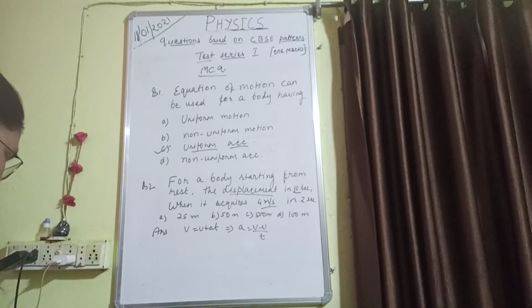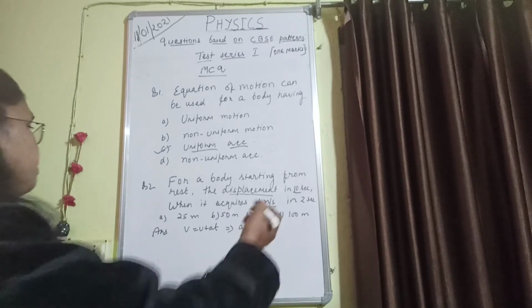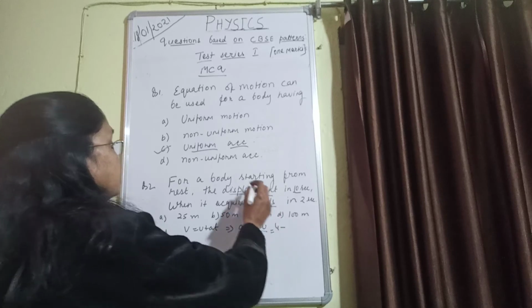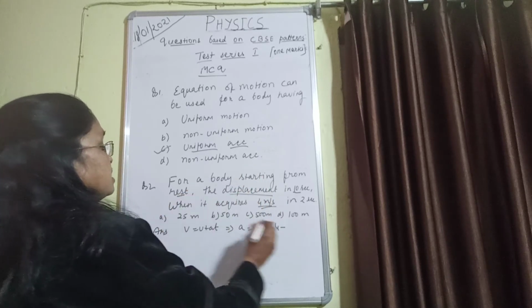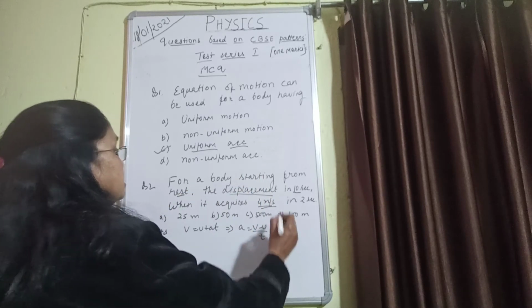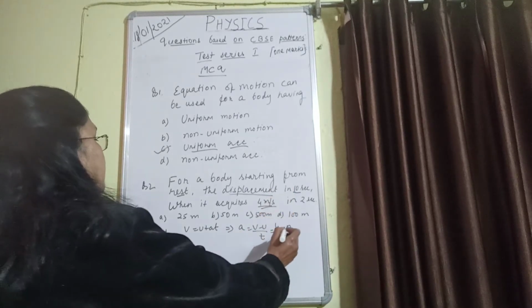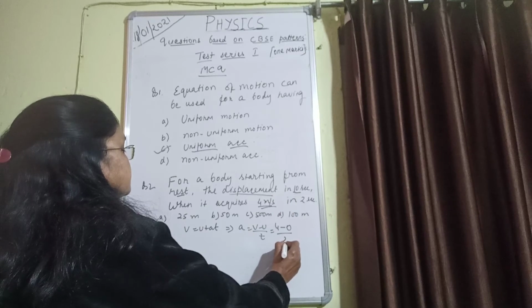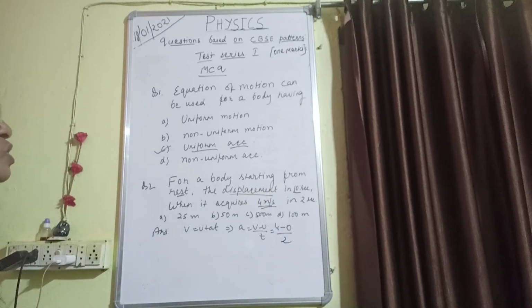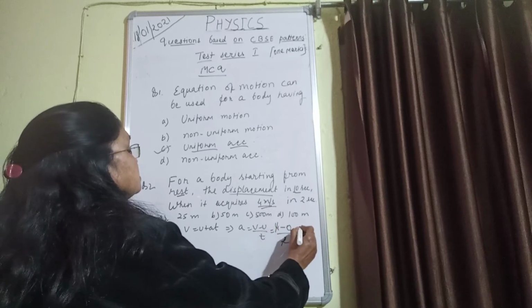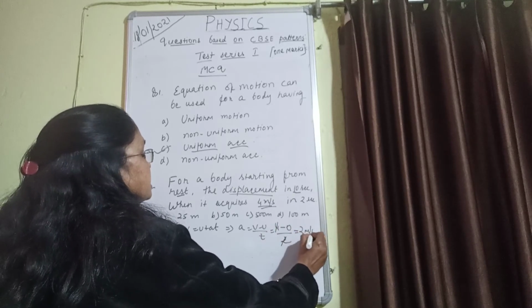We have v as 4 meter per second, so 4 minus, it has started from rest, so u is 0, and it completes this 4 meter per second in 2 seconds. So what have we got? Acceleration is 2 meter per second square.